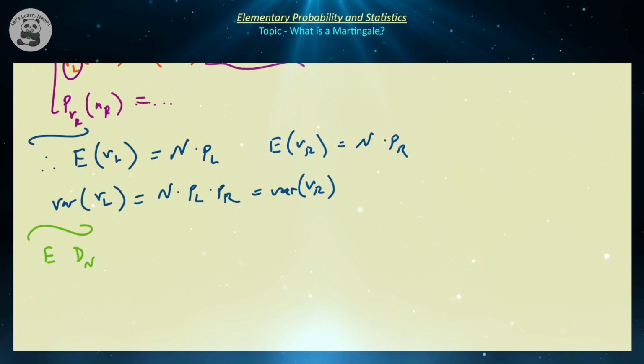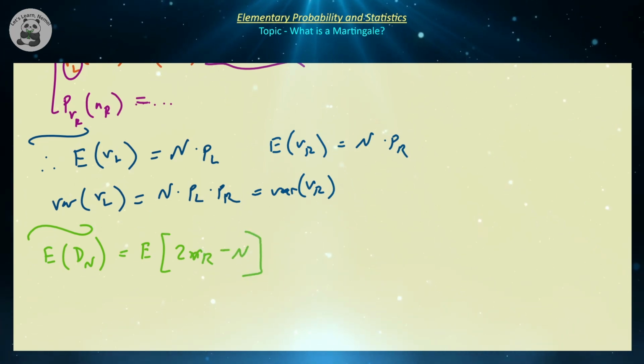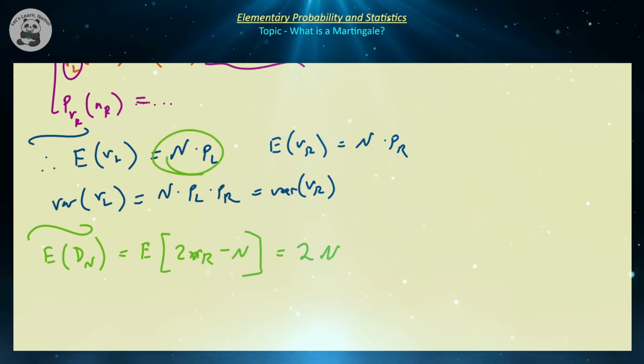So what would be the expected value of this random variable? So what's dn? Well, dn is just the expected value of 2 nu R minus capital N. And if we distribute and use our properties of expected values, that's just going to be equal to 2 times capital N times PL minus N, because N is a constant.